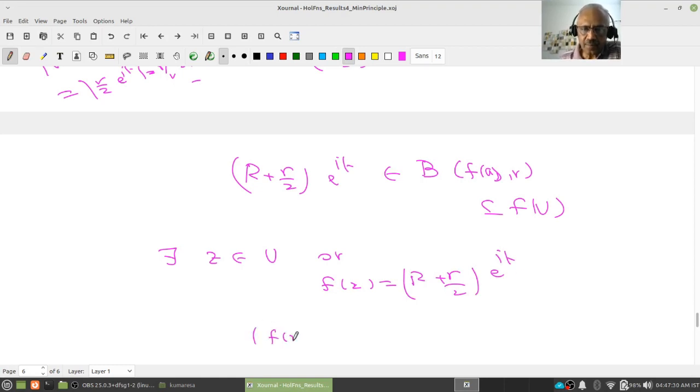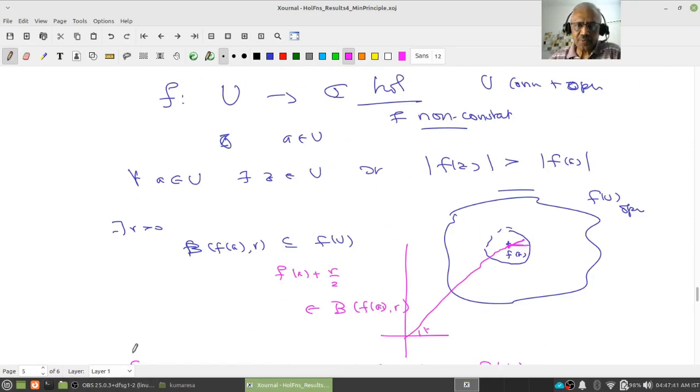But mod f of z is R plus R by 2, which is strictly greater than R. So we proved the result we wanted to show.